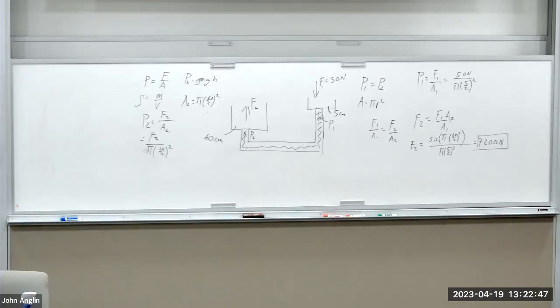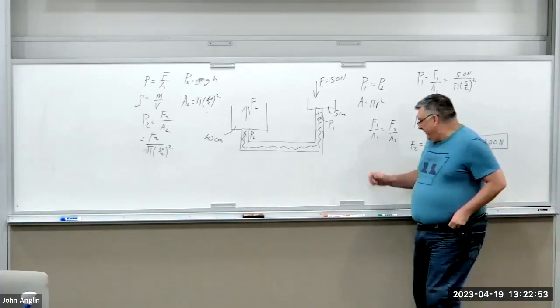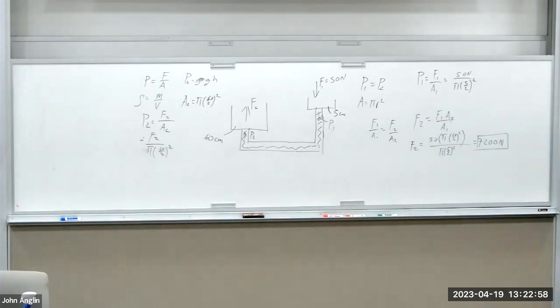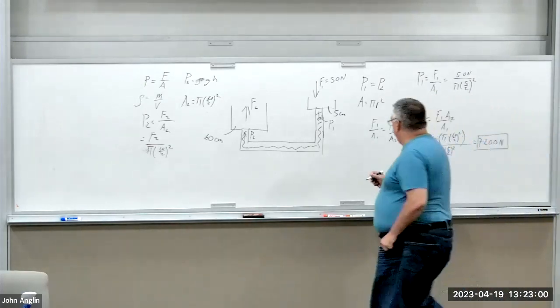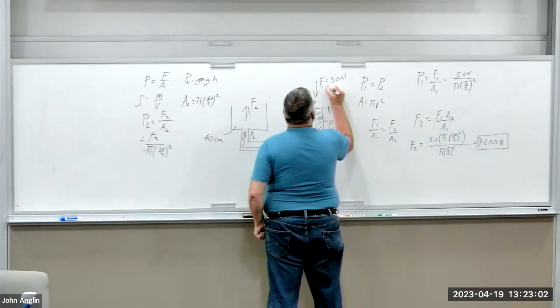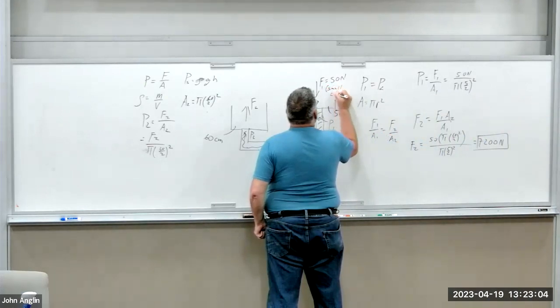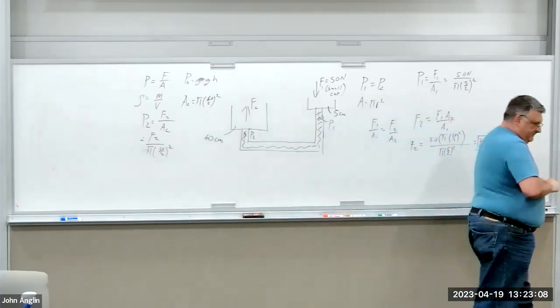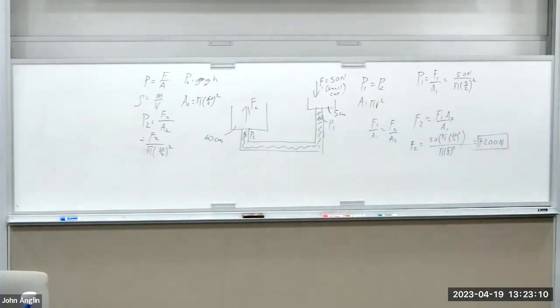So that means that 50 newtons, that's about 11 pounds. So 50 newtons is about 11 pounds. This is a small cat, about a 10-pound cat, right?